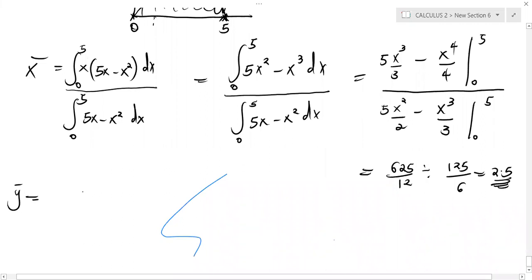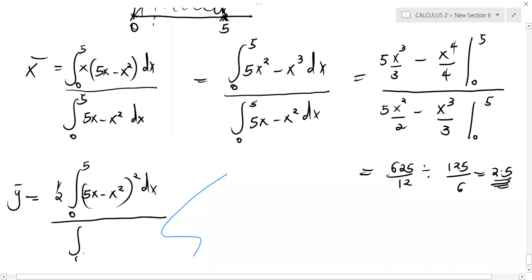Now y bar is given by a half integral from 0 to 5 of y squared, and our y squared is 5x minus x squared, squared dx. All this divided by the integral from 0 to 5 of y dx, and our y is 5x minus x squared dx. So I have a half here, 0 to 5.